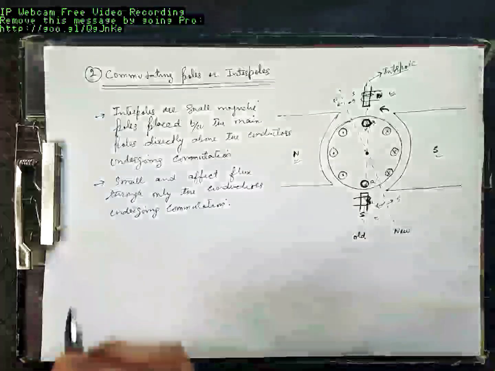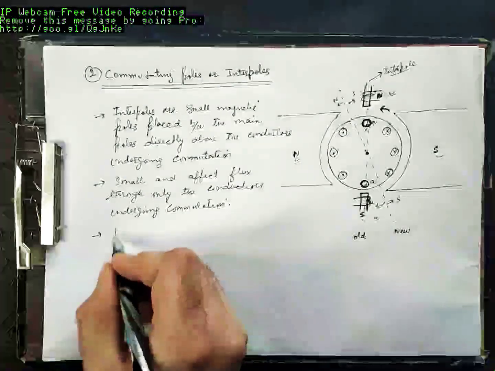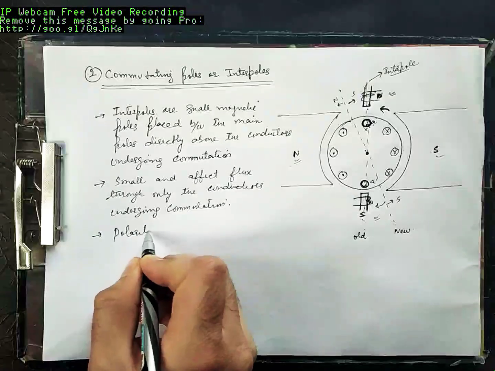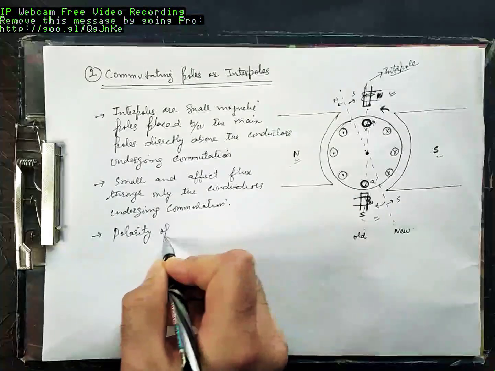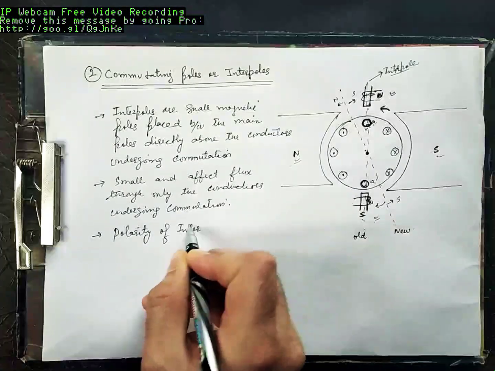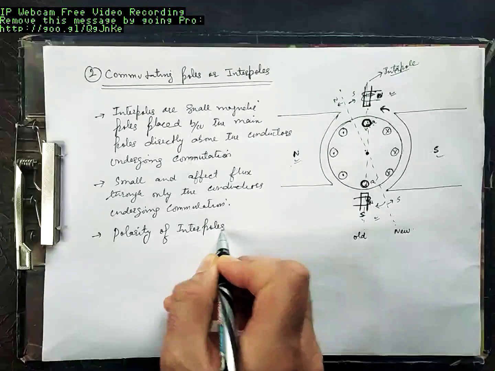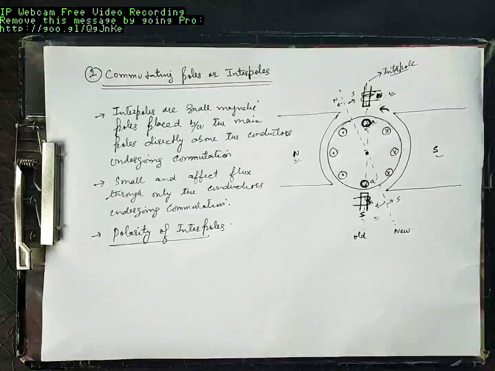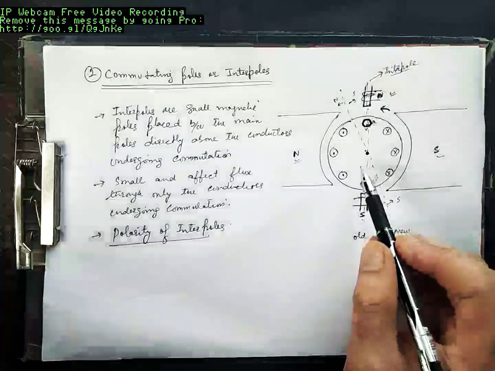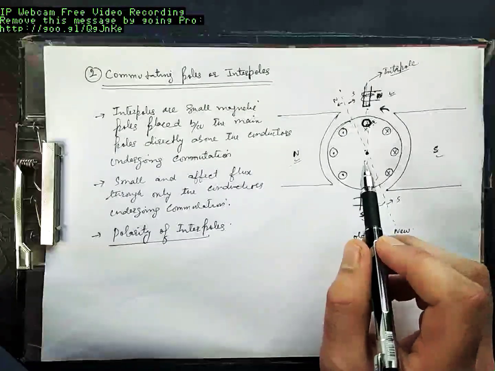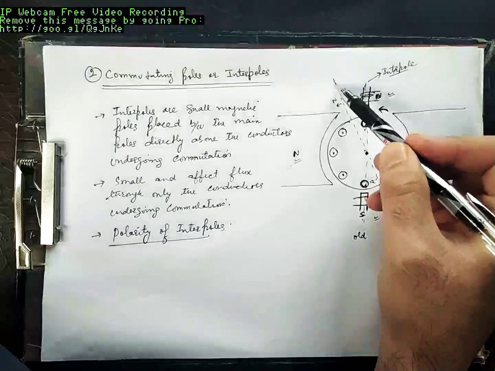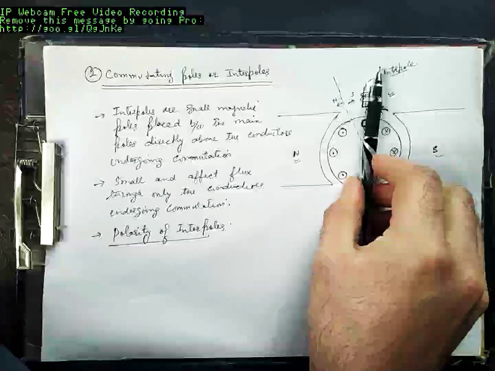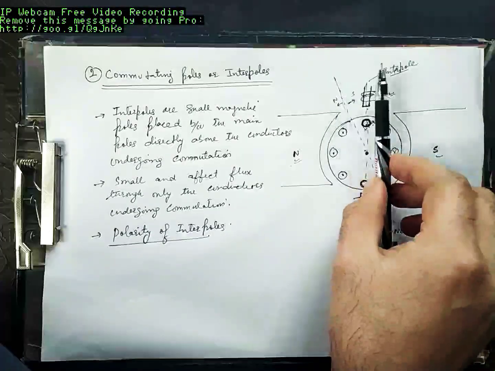Now the third point, polarity of interpoles. What should be the polarity of interpoles? From our earlier lectures, we already know that in case of a generator, the magnetic neutral plane shifts in the direction of rotation.